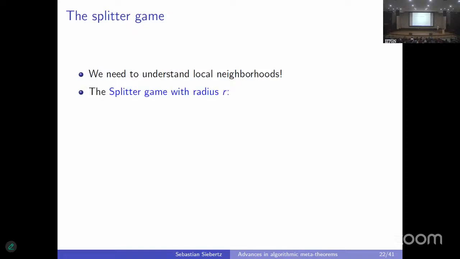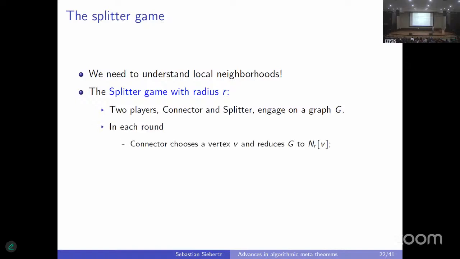We introduce the so-called splitter game to recursively understand local neighborhoods. This is now a second definition of nowhere dense classes. The first one was that we cannot define everything with first-order logic in a subgraph closed class. Now it's a game definition. We have two players, Connector and Splitter. Connector wants to show that the graph is really complicated. Splitter wants to say that actually it's simple.